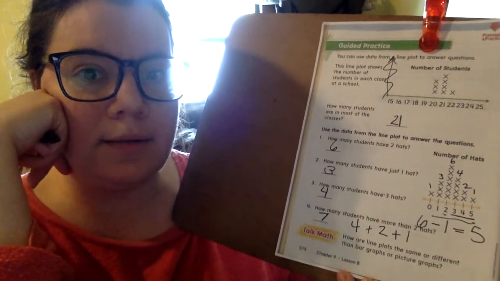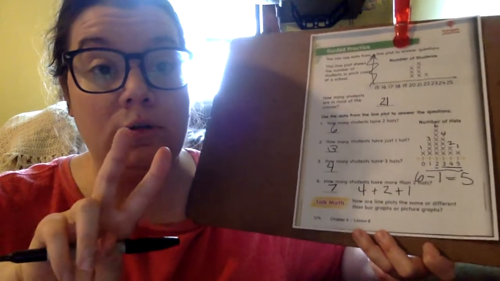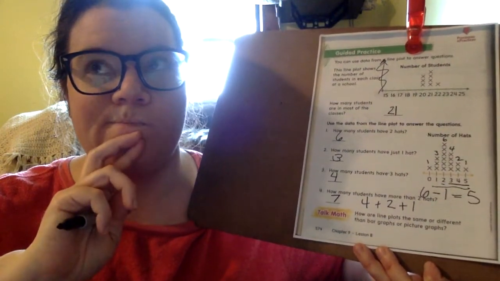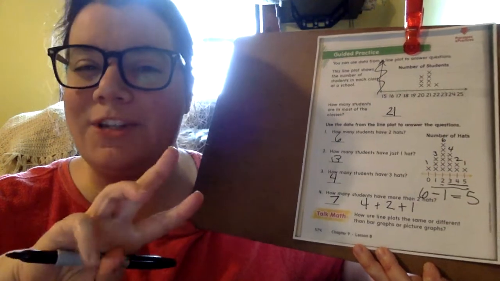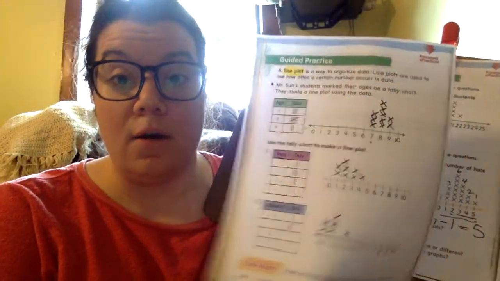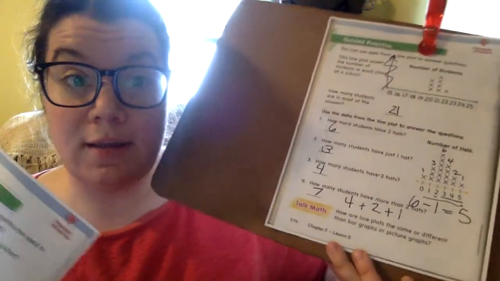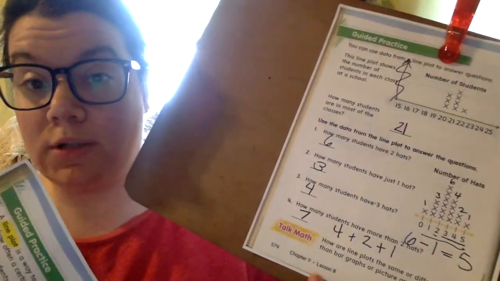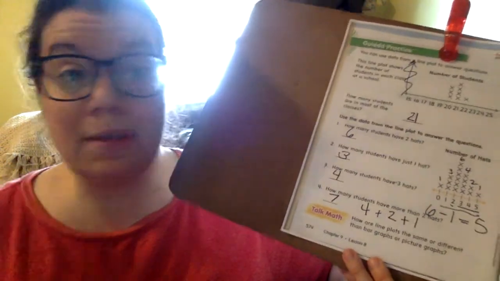So you'll have 3 pages of follow-up work. I'm going to give you some word problems on here where you're either just creating the line plot like we did here, or you're looking at the line plot and answering questions like, which one was the most, which one is the least, how many more.